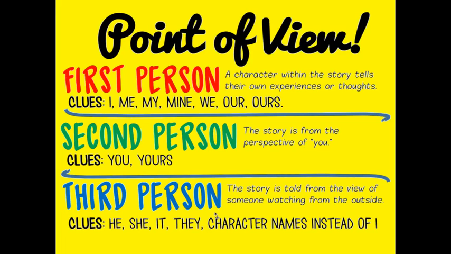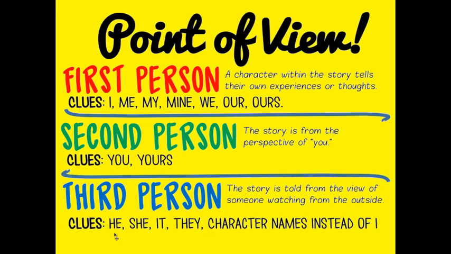Third-person point of view is when the story is told from the view of someone watching from the outside. When a text is written in third-person point of view, they are usually not a part of the story. The narrator could be telling the story through the eyes of the character or from the point of view of all characters.